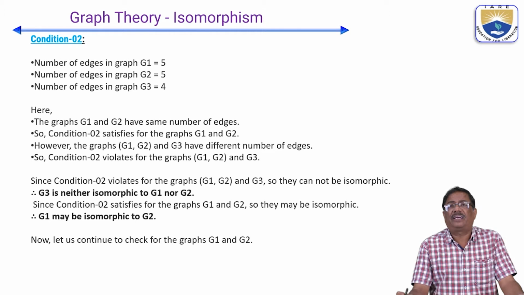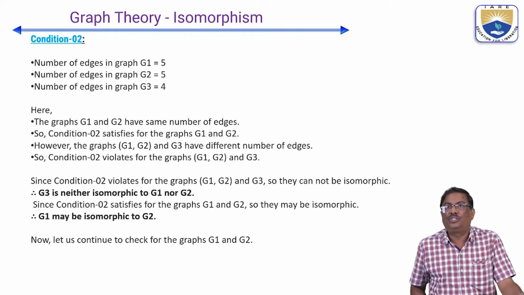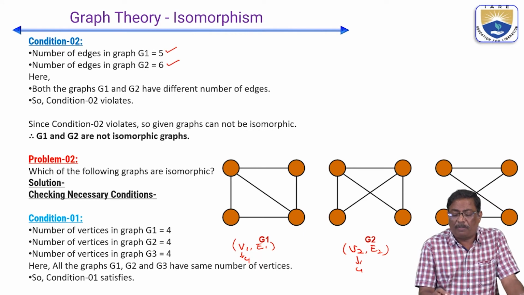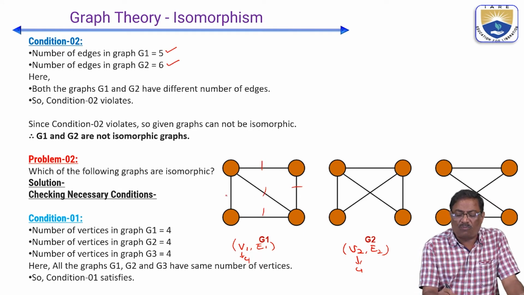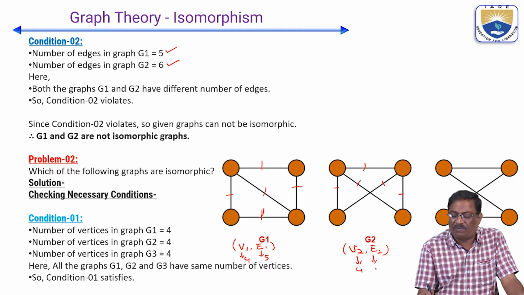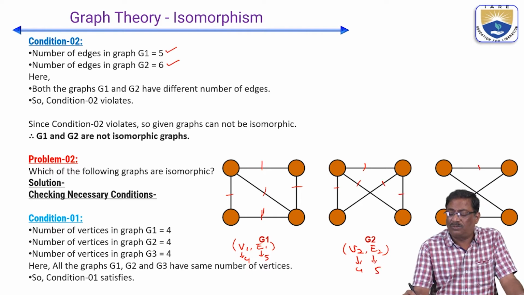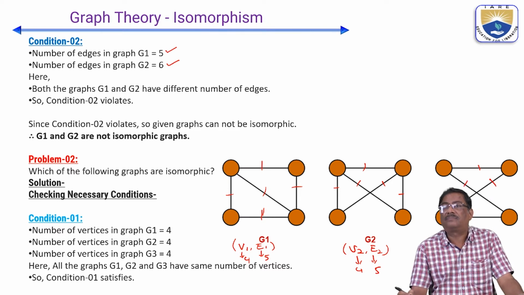Then go for the second condition. How many edges are in G1, G2, G3? 1, 2, 3, 4, 5: so 5 edges here. Here 1, 2, 3, 4, 5: this also has 5 edges. This one is 1, 2, 3, 4: so this is 4 edges.